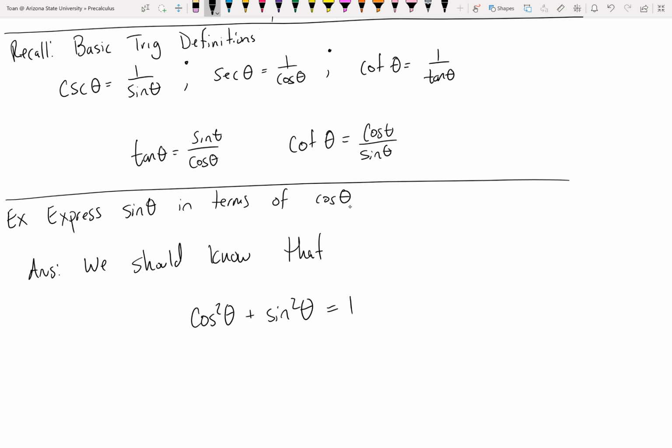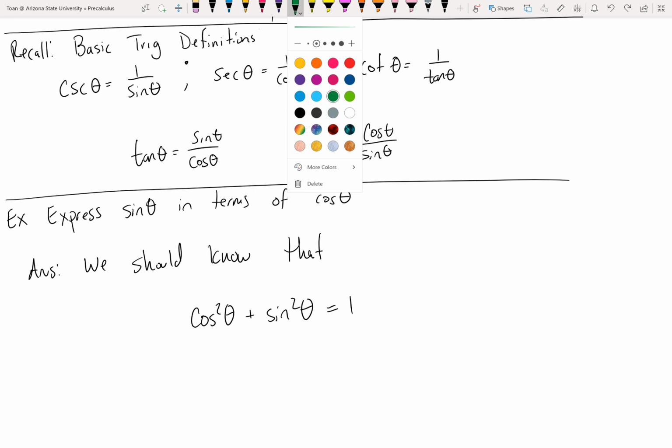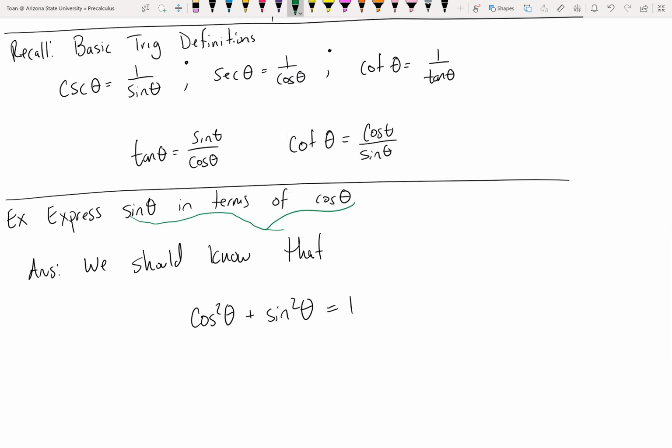That was from the original identity that we developed. Now this terminology here, express sine of theta in terms of cosine, that simply means, aka, solve for sine of theta.